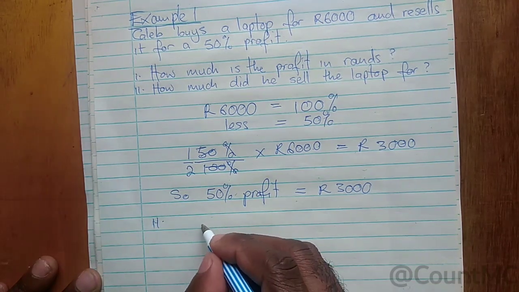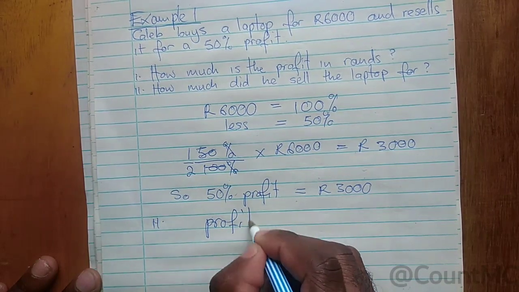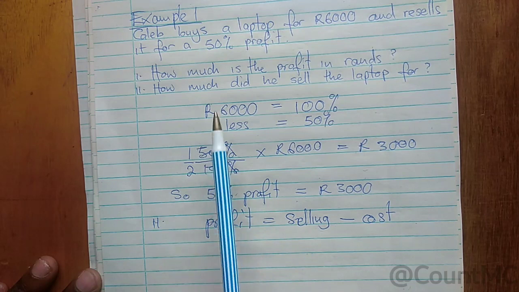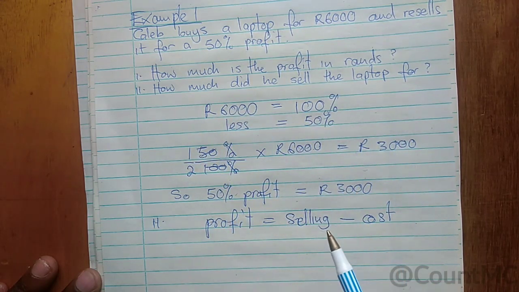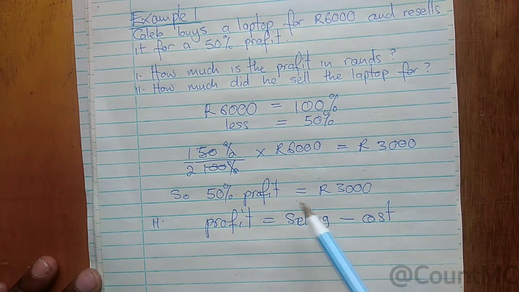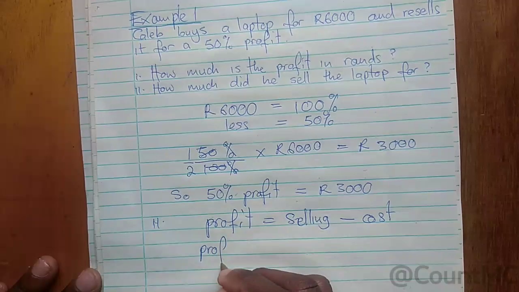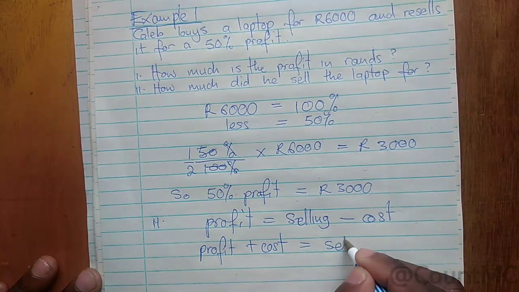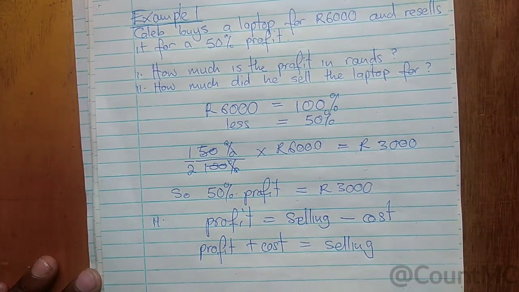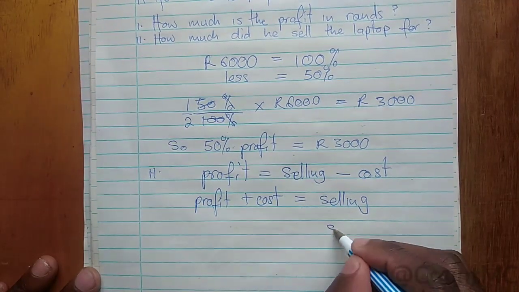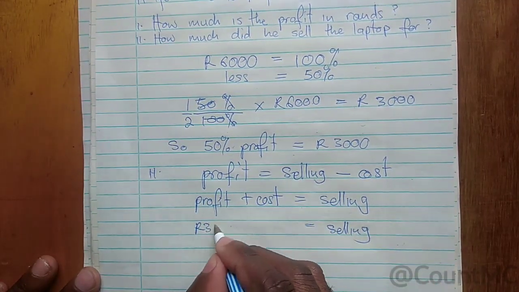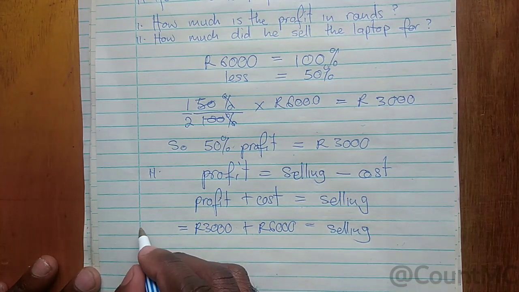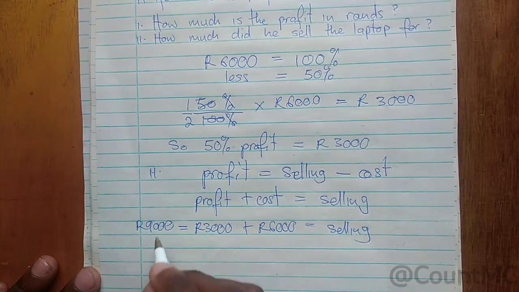We take the cost to the other side: profit plus cost is equal to the selling price. So the selling price is equal to the profit, 3,000, plus the cost, 6,000. And 6 plus 3, you get 9,000 rands.